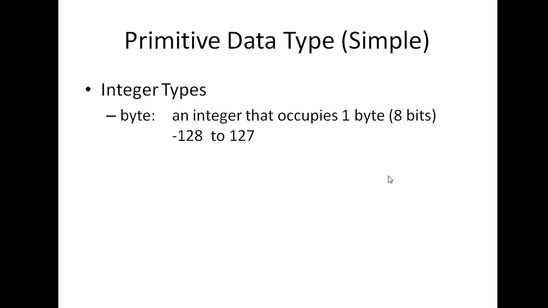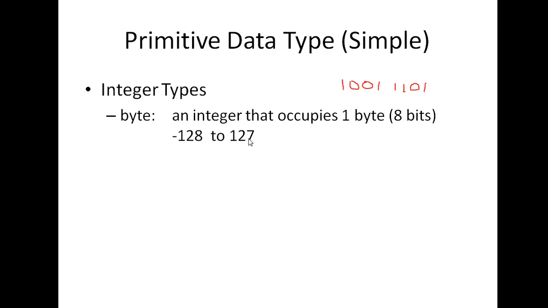If you remember, we talked about binary numbers, and so a byte would have 8 bits. So here's a binary number right here. That would be a byte. This means numbers from negative 128 to 127.